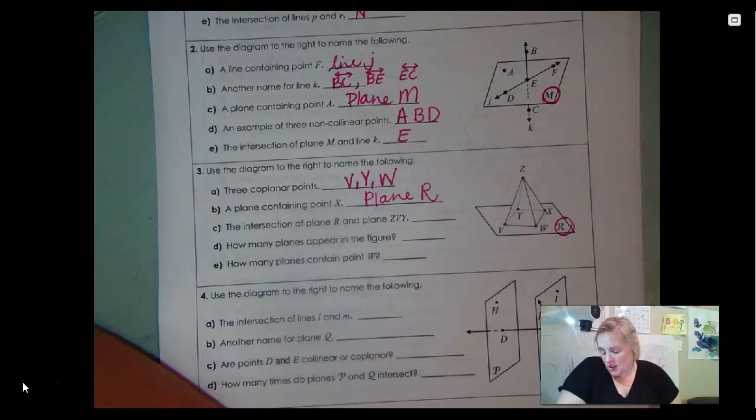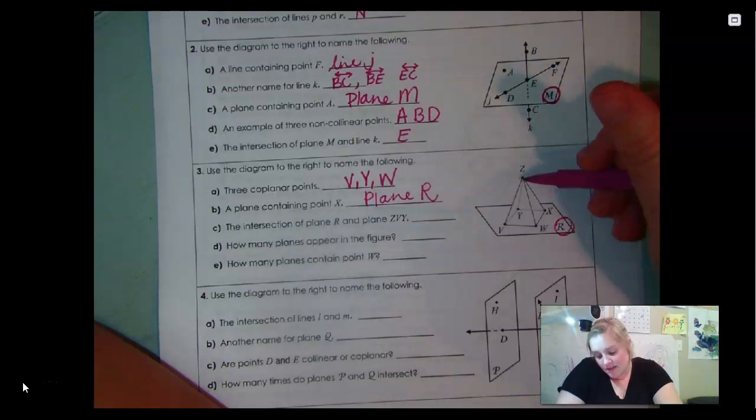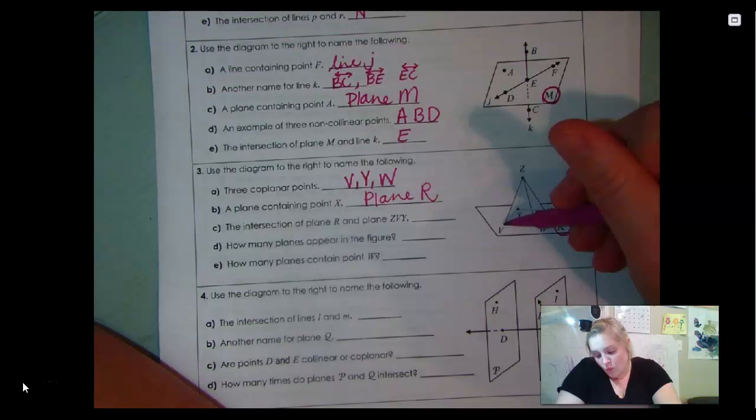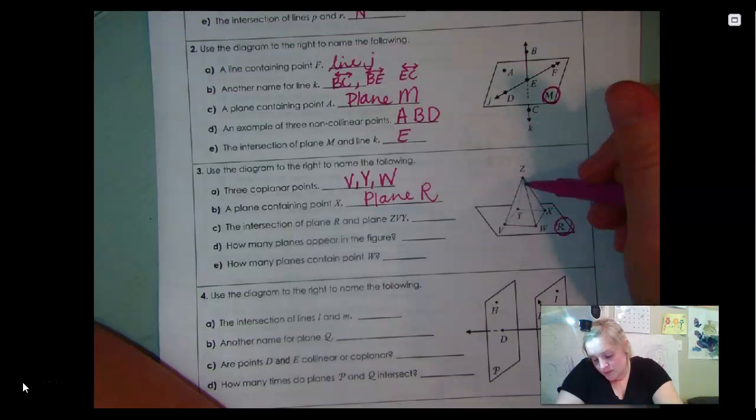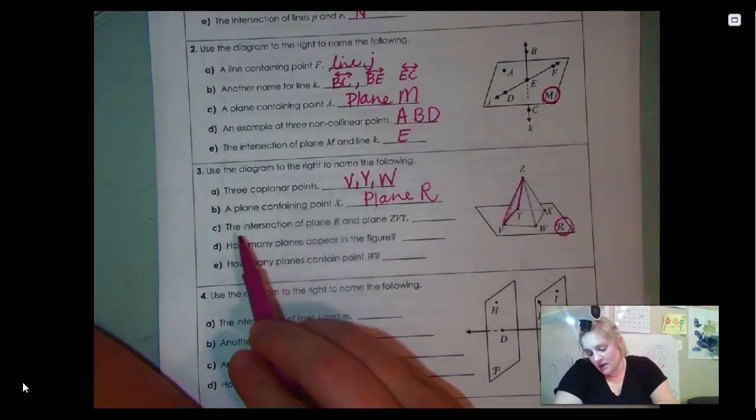The intersection of plane R and plane Z, V, Y. Z, V, Y is this one. Okay. And what are we looking for? The intersection of those two planes.